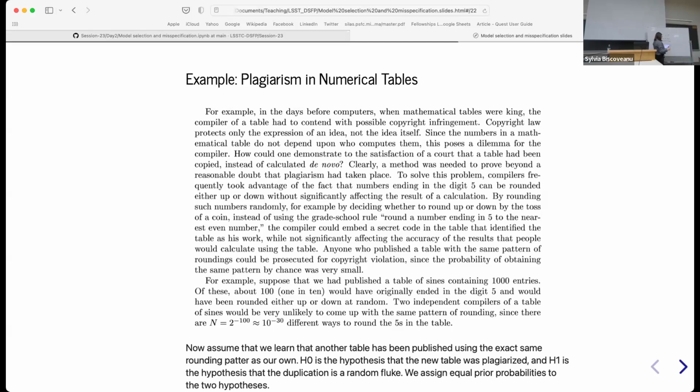Okay, so now we can write our likelihoods. So the probability of observing the data, which is in this case, that the second table is identical to our table under the plagiarism hypothesis, is just exactly equal to 1, because if they're plagiarized, then the data in the tables should be identical. How about under the random fluke hypothesis?